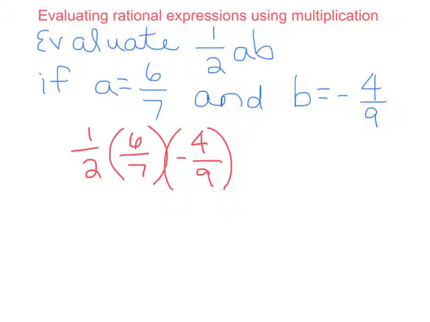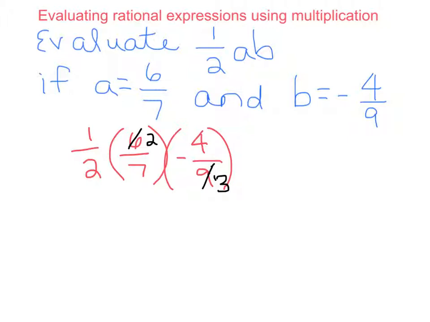You can determine that the greatest common factor between the 6 and the 9 is 3. And so you can turn this 6 into a 2, and this 9 into a 3, because you divide both by 3.